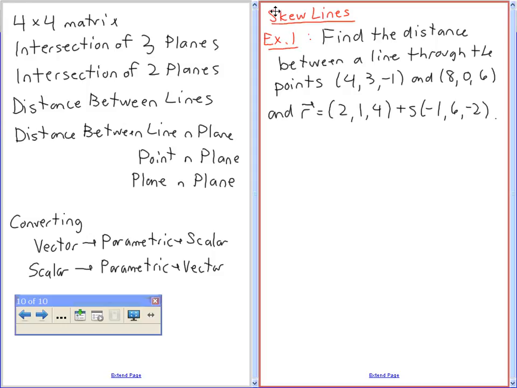I'll talk you guys through it and then give you a chance to do it. Okay? How do you find the distance between skew lines?